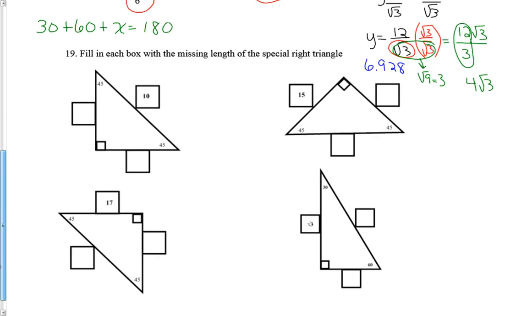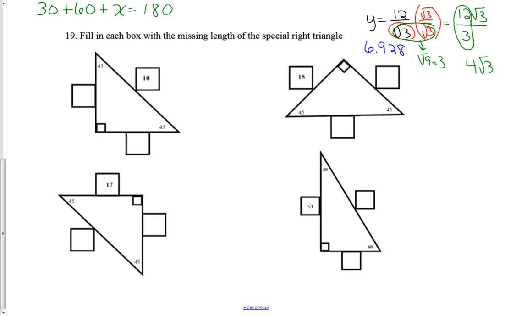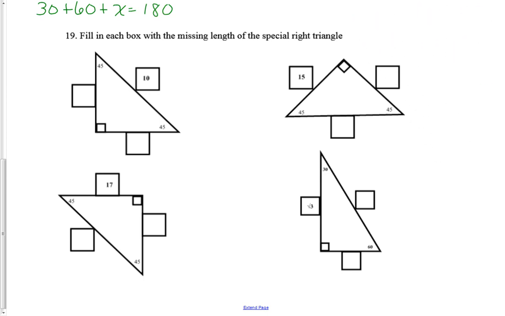Number 19. We have several problems involved in number 19. I'm going to start with the one on the top left. So right here, again we have a 45, 45, 90 triangle. So using our ratios, we have 45, 45, 90.